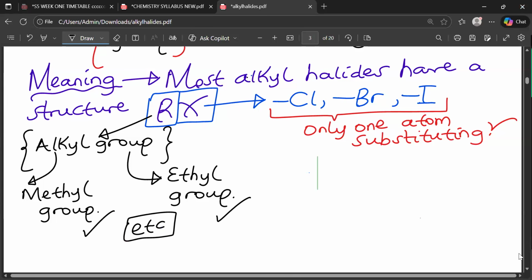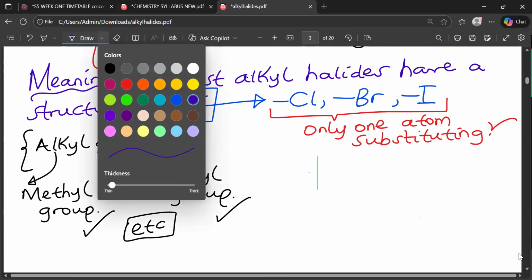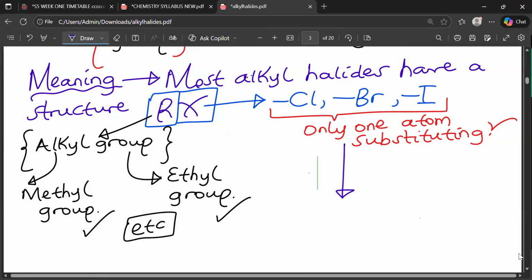Okay, now I want you to understand that since here we are having only one atom being substituted, I don't want you to be confused when you find the name monosubstituted alkyl halides.